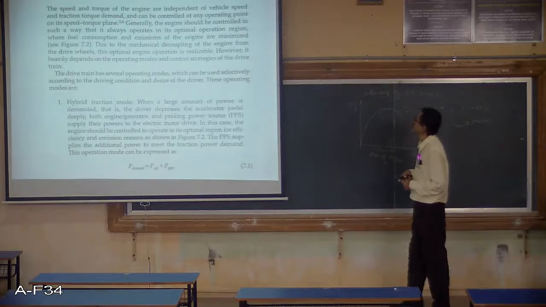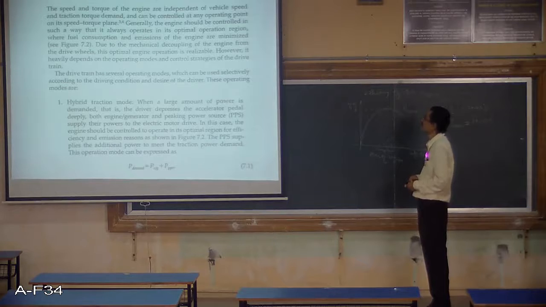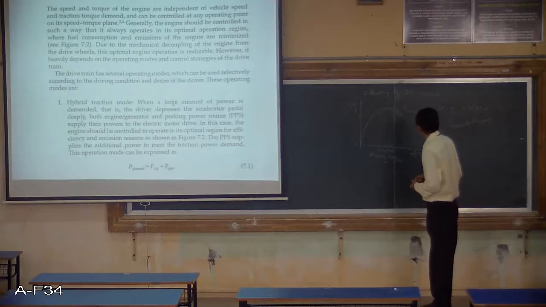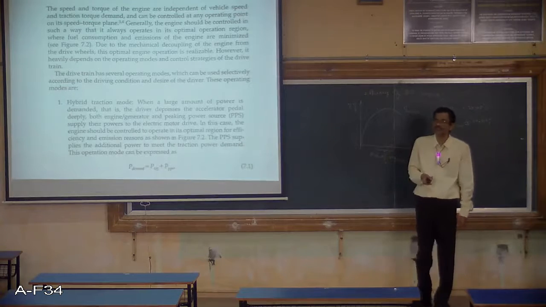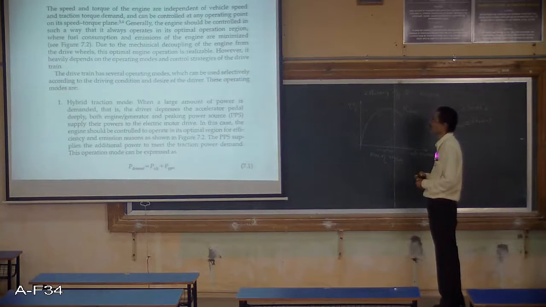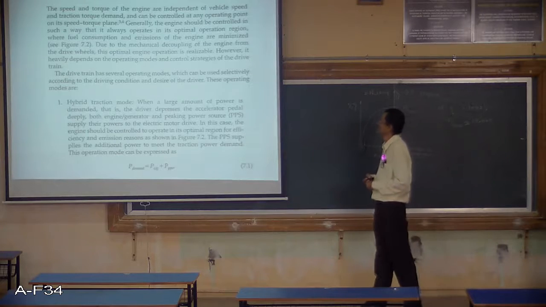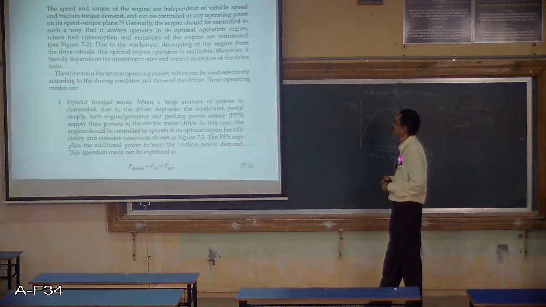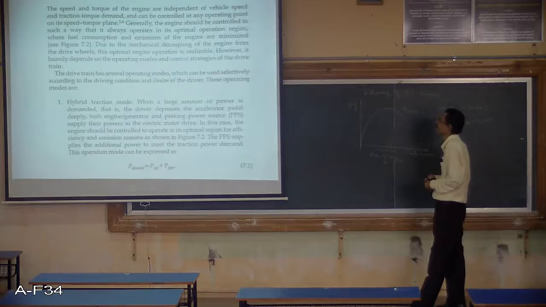Generally the engine should be controlled in such a way that it always operates in its optimal operating region, where fuel consumption and emissions of the engine are minimized. When you operate it under the maximum efficiency region, the emissions from the vehicle also reduce. So emissions of carbon dioxide, or carbon emissions in other words, are reduced, and that too with a minimum amount of fuel.